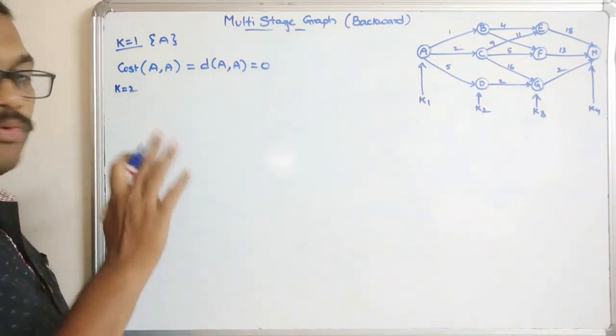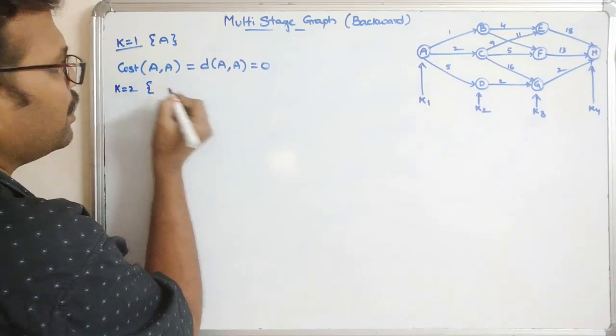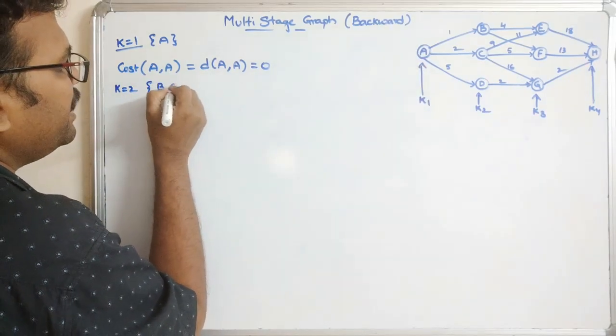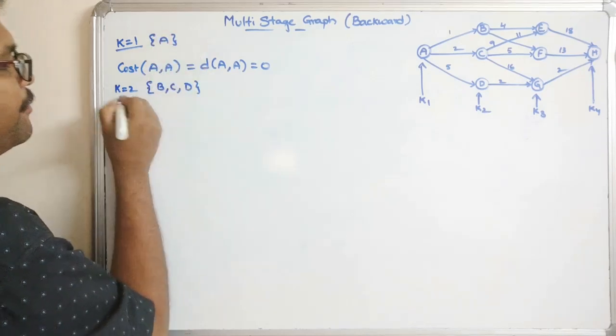So that is completed. Now go to the second stage, where we have 3 vertices B, C and D.